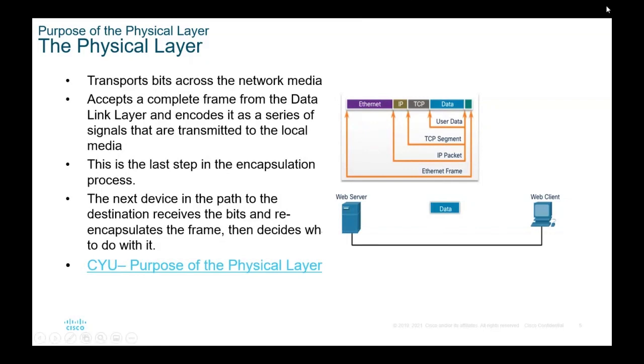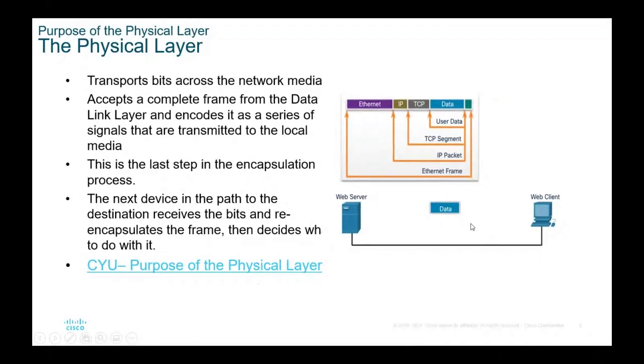So in this case, the data link layer is going to send an Ethernet frame to the physical layer. The physical layer then takes the media, whether that be electrical signals, electrical impulses, light impulses, radio frequency, and then encodes it into the media. Okay?